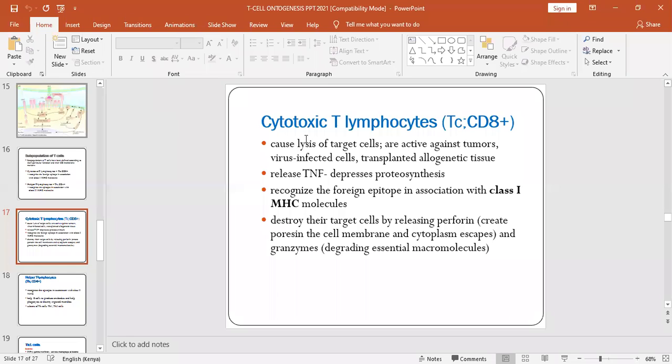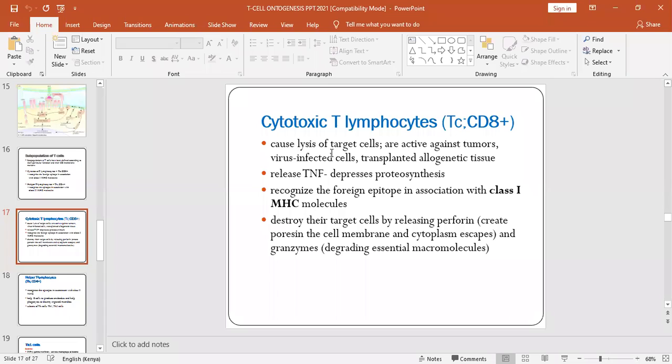I'm breaking? Yes. Can you get me now? Yes, yes. I'm saying another factor here is that the CD8 can also release this tumor necrosis factor, which can also help in depressing protein synthesis in many target cells.